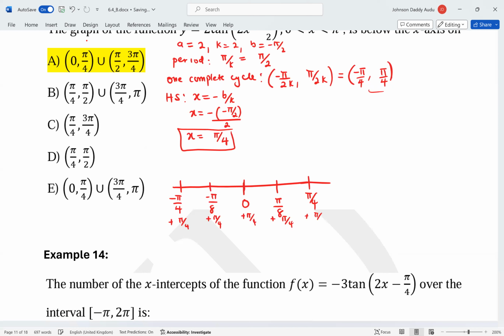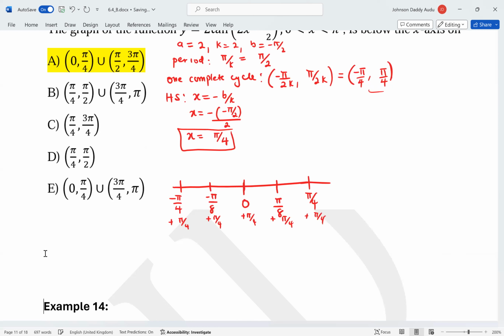Okay. Now, if you add pi over 4 to each interval there, what do we get? The first one is just minus pi over 4 plus pi over 4. I think this is going to be 0, right? Then this one, you have minus pi over 8 plus pi over 4.